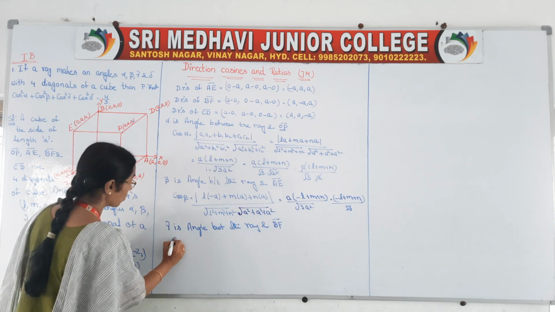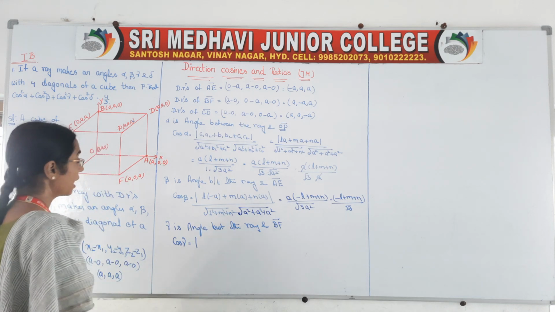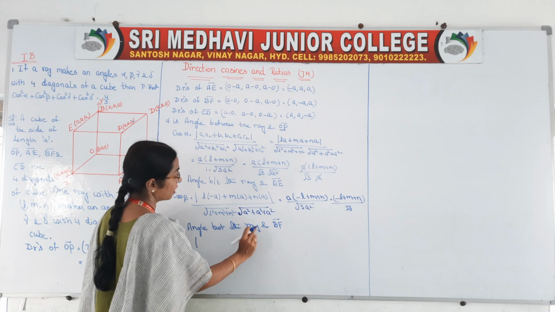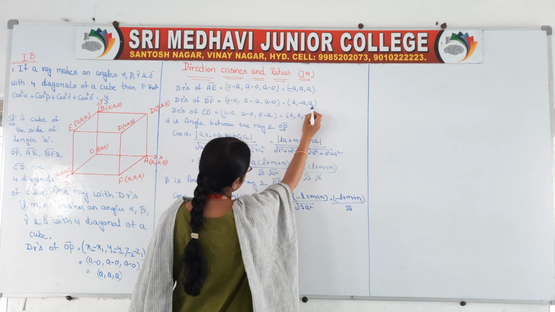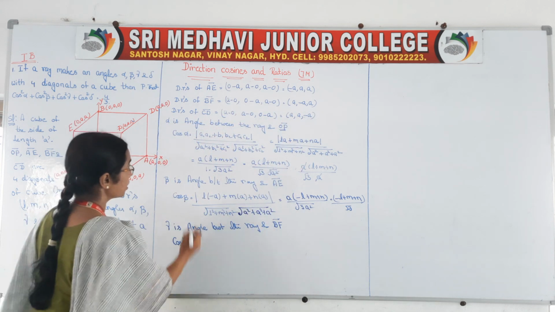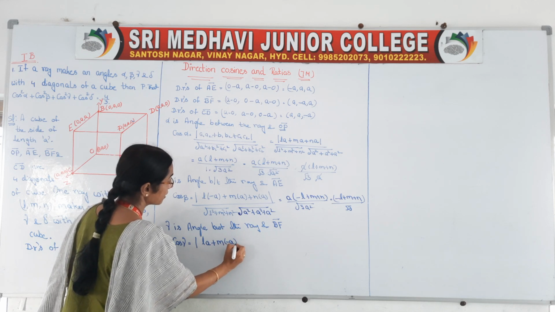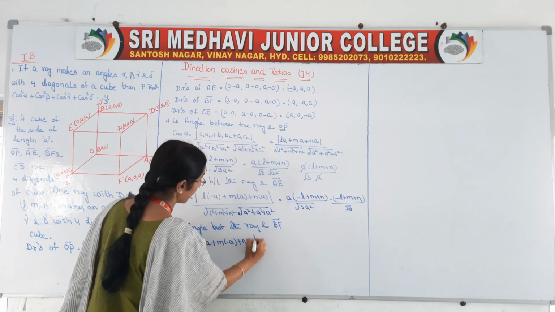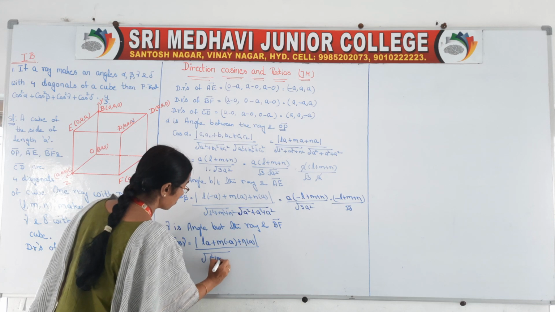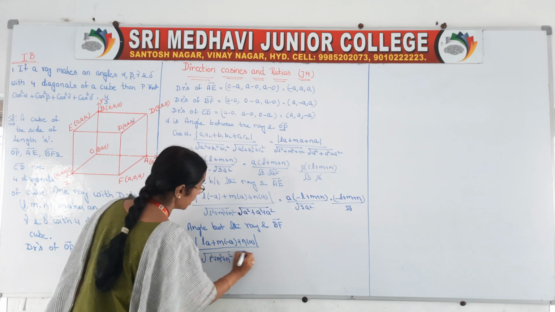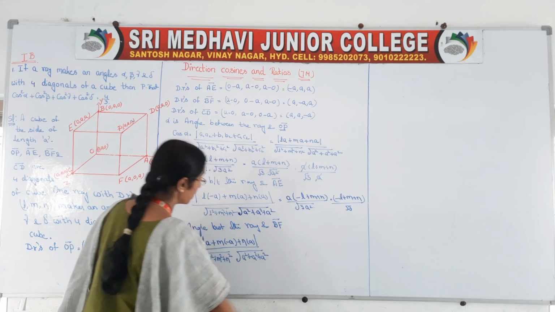So cos gamma is equal to, same thing, l, m, n are the direction ratios of the ray and the direction ratios of BF are a, minus a, a. So l into a plus m into minus a plus n into a, by root of l square plus m square plus n square into root of a square plus a square plus a square.